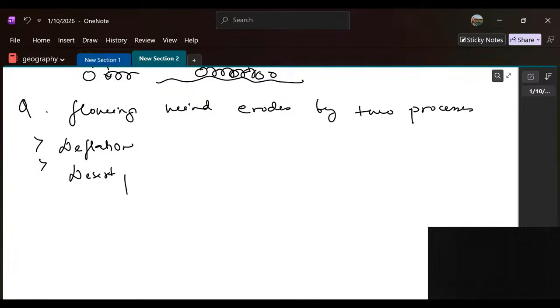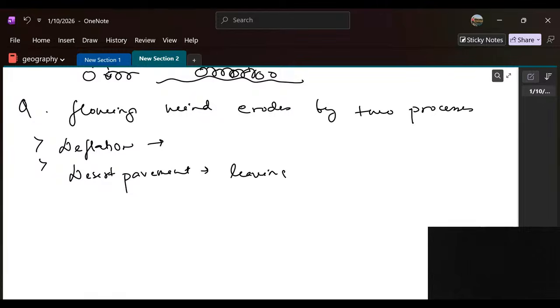Desert pavement is what? Deflation plus water action, the removal of all the fine grains and leaving only the coarse grains.